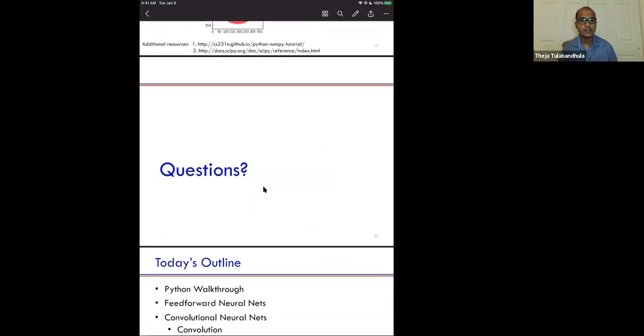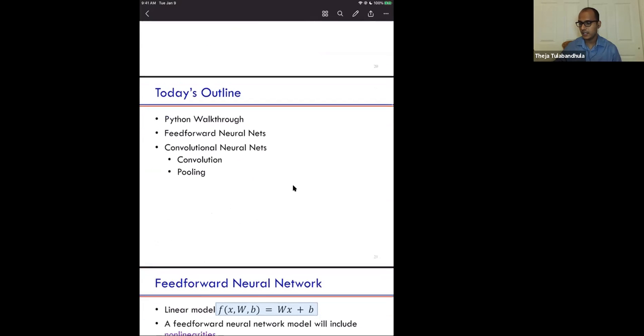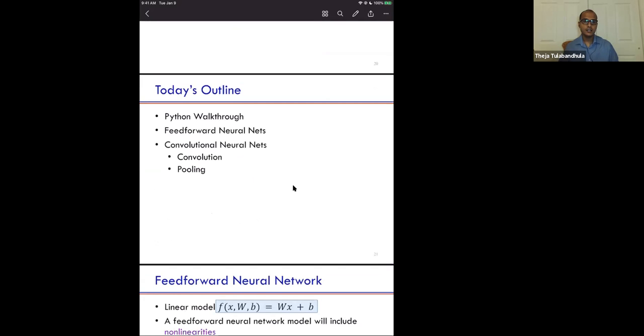So I think one homework activity you could have tried was to load up the linear classifier example notebook, the logistic regression classifier, and try it yourself to see how the classification works, which I showed towards the end of the last lecture. Okay, so that's the walkthrough of Python.